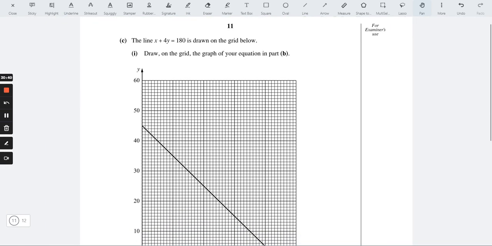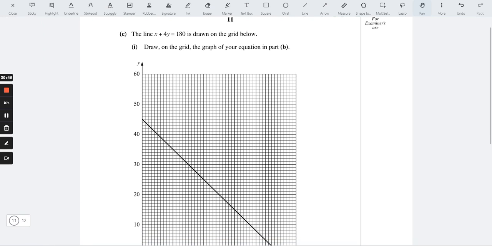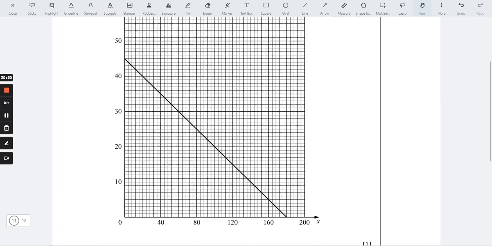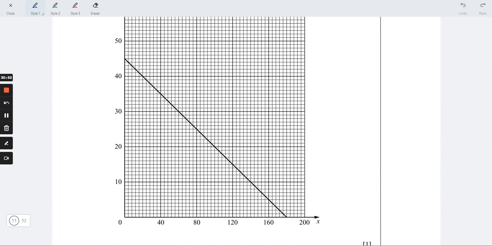The line x plus 4y equals 180 is drawn in the grid below. Draw on the grid the graph of your equation in part B. So for part B, our equation is x plus 2y equals 120. If x is 0, y will be 60.